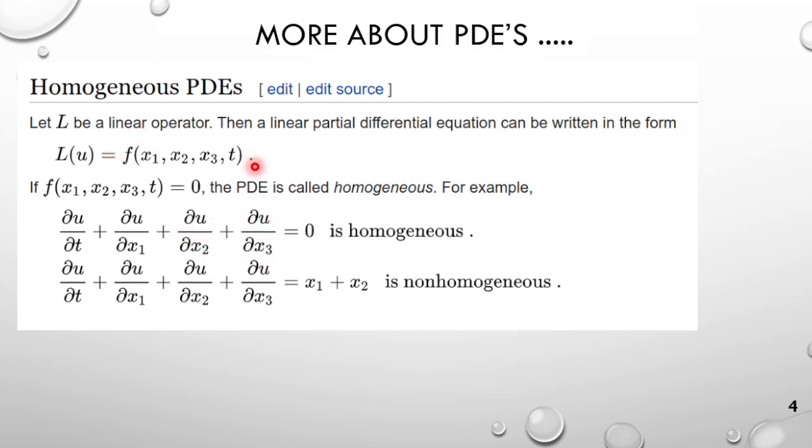Now on the right hand side you get a term. If you have a term which is non-zero, then it becomes a non-homogeneous equation. So basically you have the right hand term only in terms of independent variables.